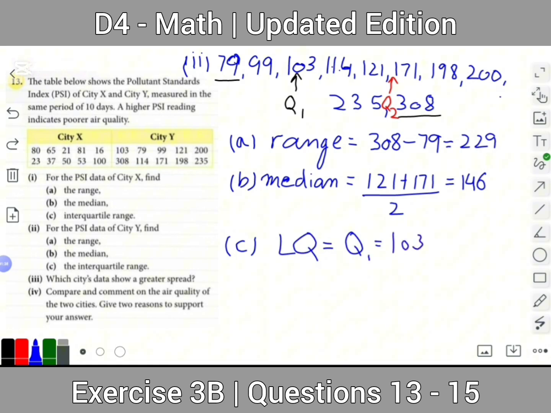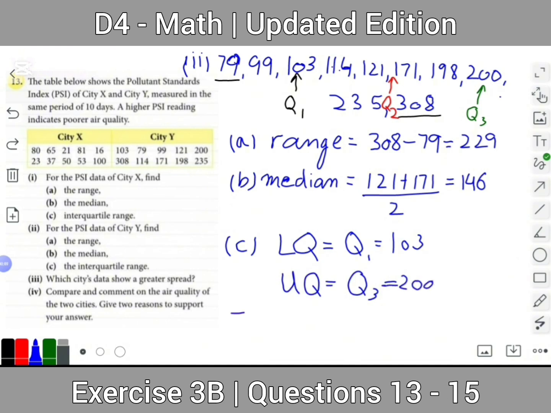Now the middle value of the 5 values on the right side of the median is 200. So it is the upper quartile Q3. So the value of the upper quartile Q3 is equal to 200.